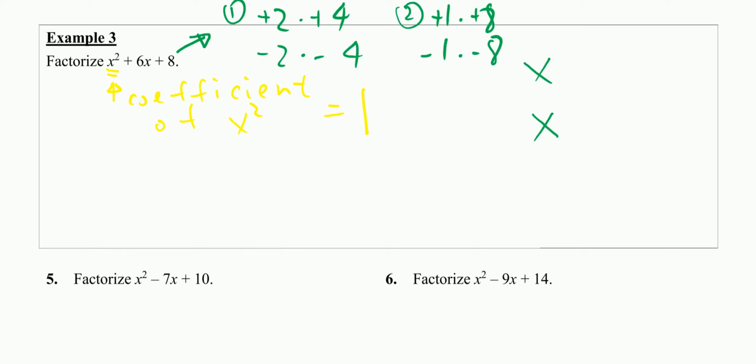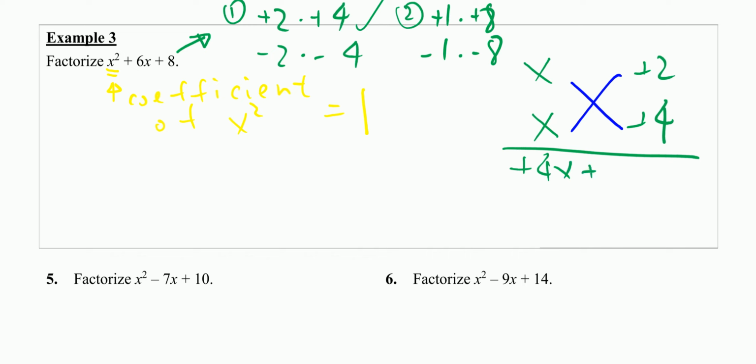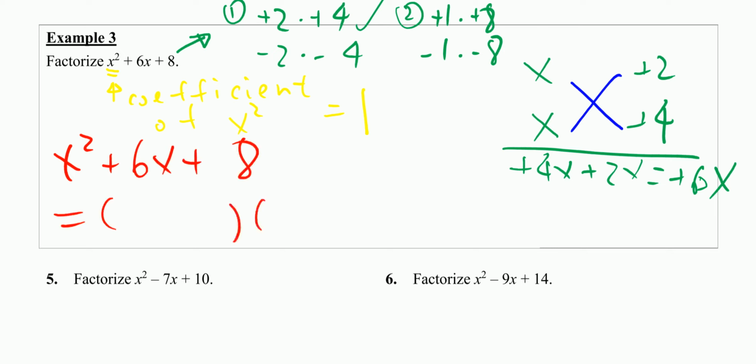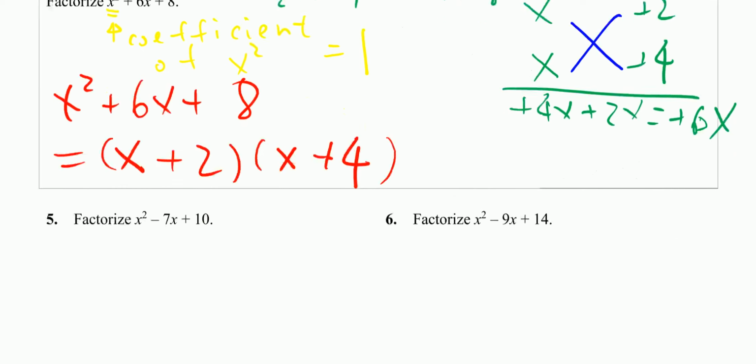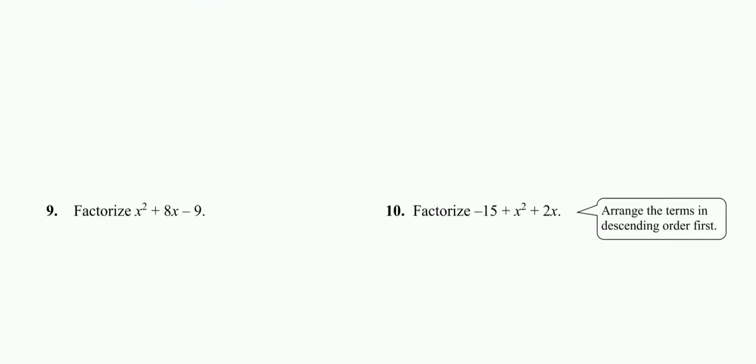Okay, you can get the answer should be this. So just put 2x, put a cross, and you can easily get the answer. So write the format in here, two brackets, write down the x first and just copy the constants, and you can get the answer.